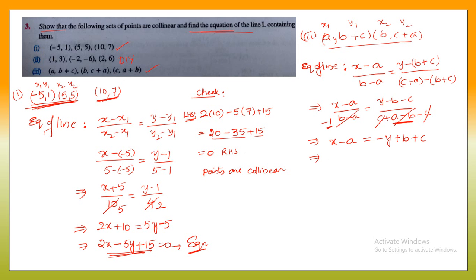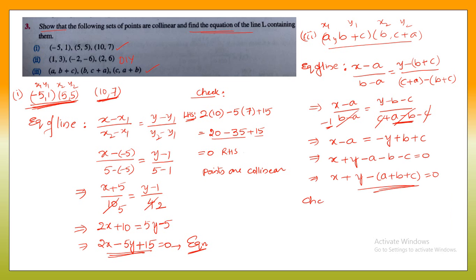Now when I transpose everything, I get x plus y minus a minus b minus c is equal to 0. This is nothing but my line equation. I can also write it as x plus y minus (a plus b plus c) is equal to 0.